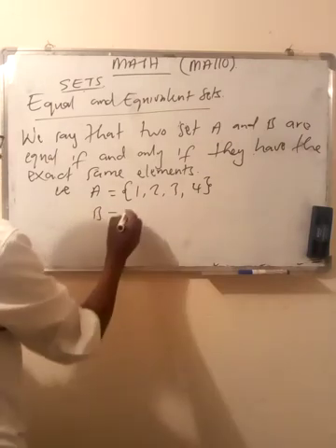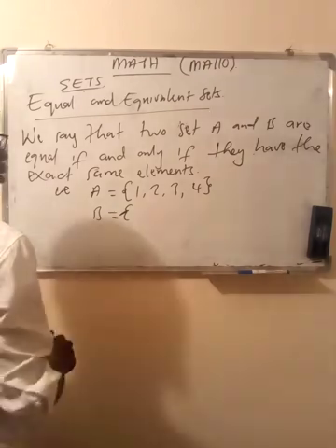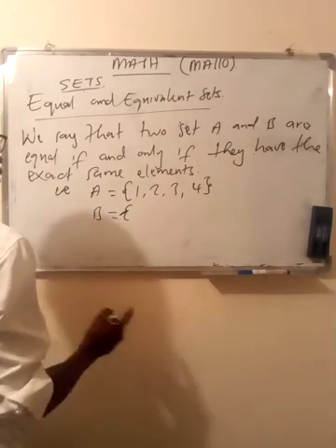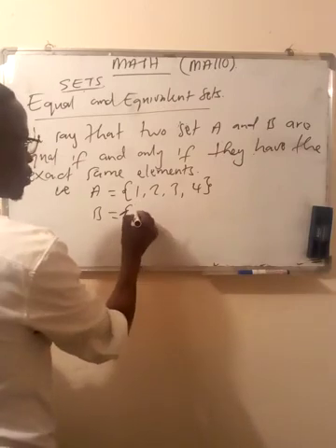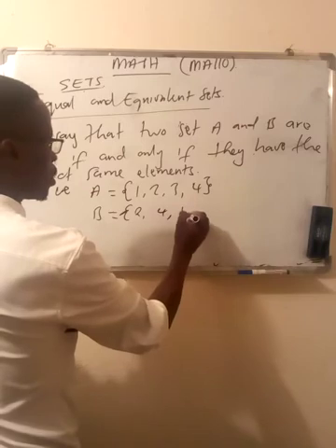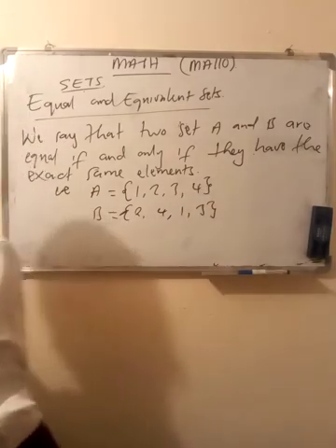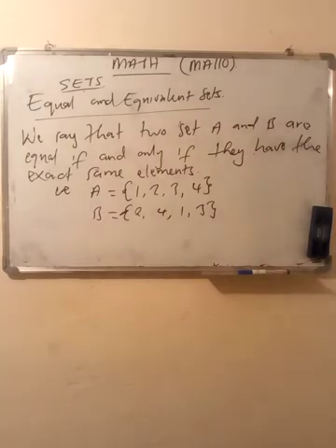We can see that these two sets A and B have the exact same elements, so it means that A and B are equal sets.